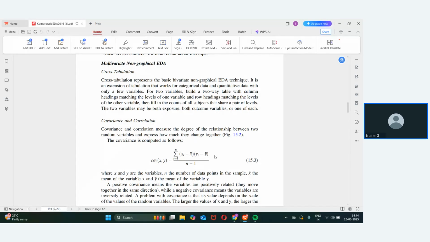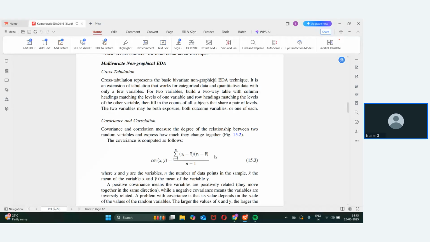So coming to multivariate non-graphical EDA. What is multivariate EDA? Examining the relationships among three or more variables simultaneously. So multivariate is three or more than three, right? Relationship among three or more variables is called multivariate analysis. What is the goal in multivariate analysis?